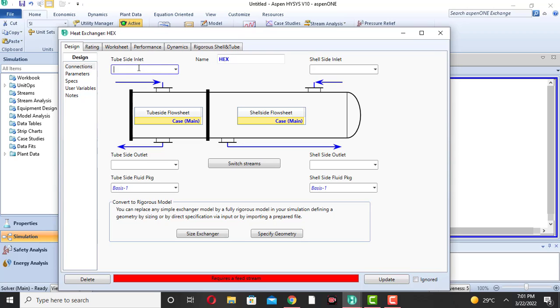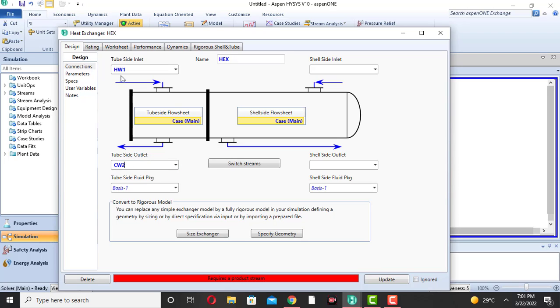The tube side inlet flow is water, and the water is at 90 degrees centigrade. So the tube side is hot water. Hot water 1 means the hot water flowing into the tube side, the inlet of the tube, and the cold water is the outlet.